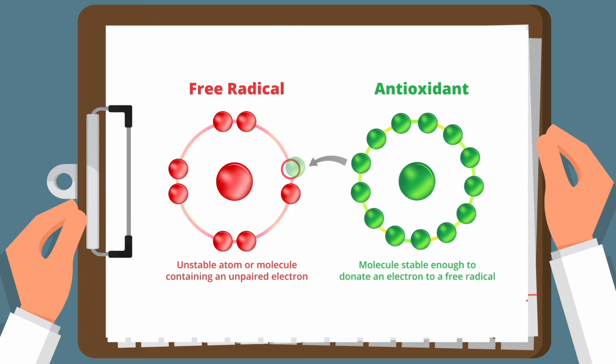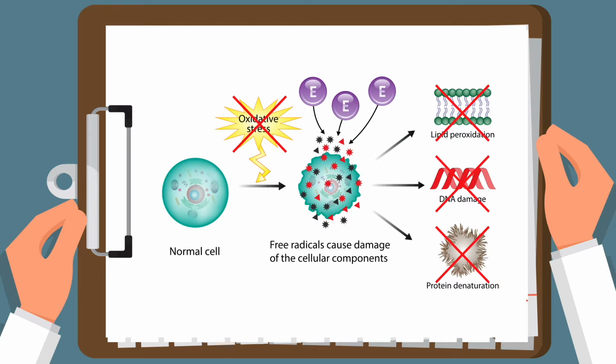The problem with free radicals is that they have an unstable atom or molecule containing an unpaired electron. Antioxidants stop them from wreaking havoc by donating electrons and giving them stability. So, vitamin E donates electrons to free radicals and therefore helps to minimize the damage.